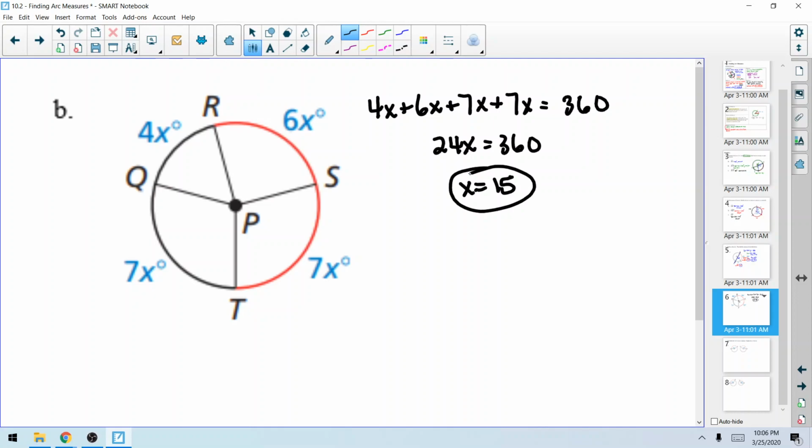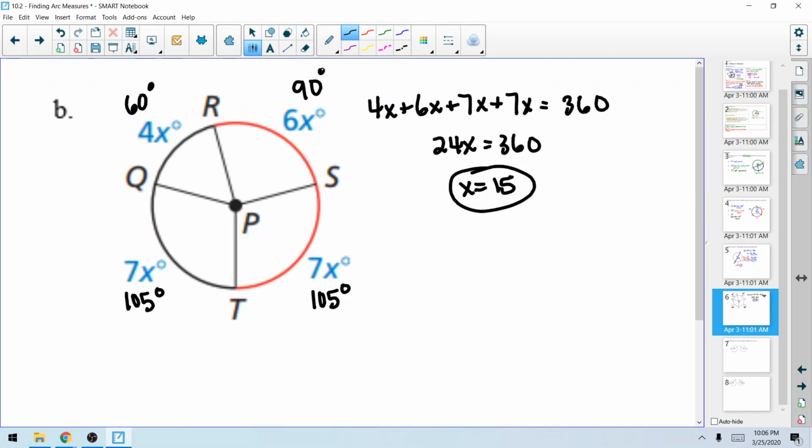If we go back, 7 times 15 is 105. 4 times 15 is 60. 6 times 15 is 90.